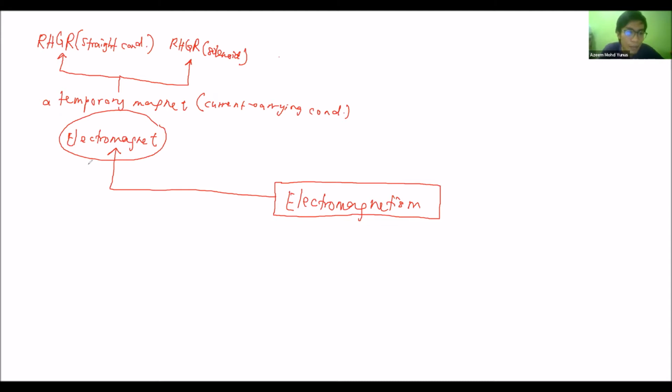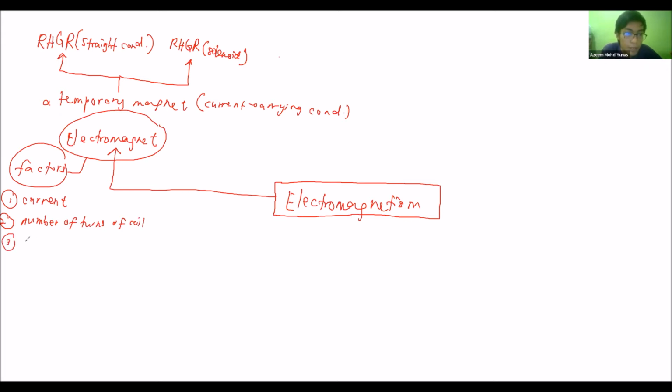And then the third, the strength of the magnet. Number one is current. Number two is number of turns of coil for a solenoid.